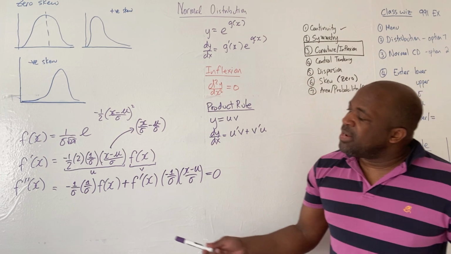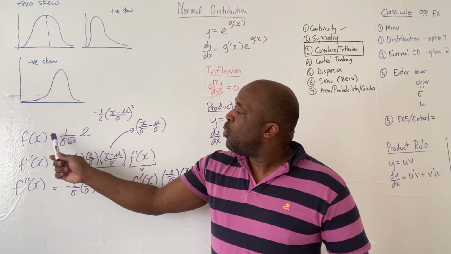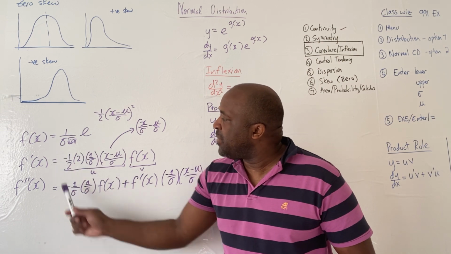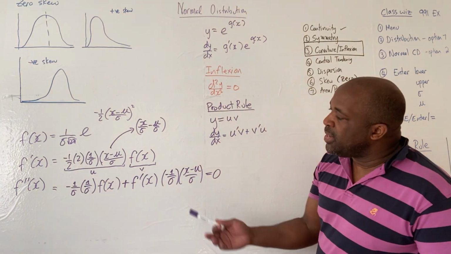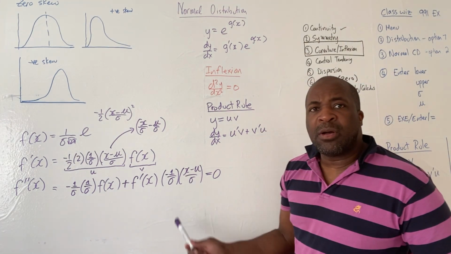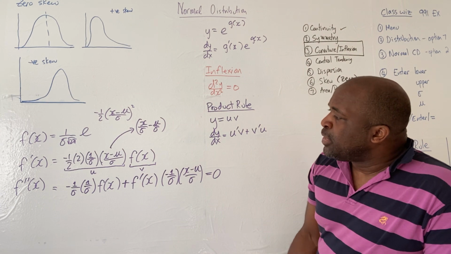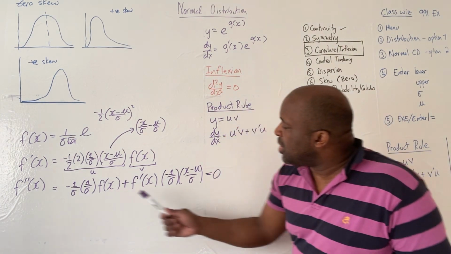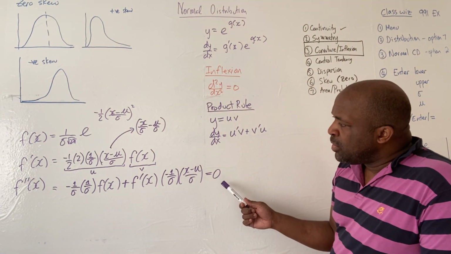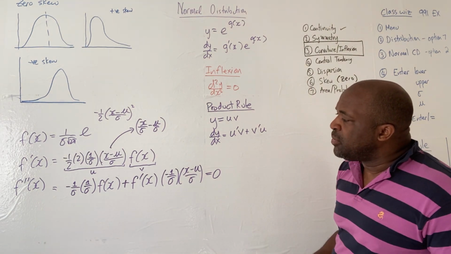So for the time being, it is easier to write f of x and f dash x. Since we know clearly what f of x is, we know what f dash x is. So if we need to substitute, we can do that. But it just makes it a little bit more economical in terms of the writing out if we keep them as is. So let's apply the condition for the inflection point, which is to rearrange for x when all of this is equal to 0.